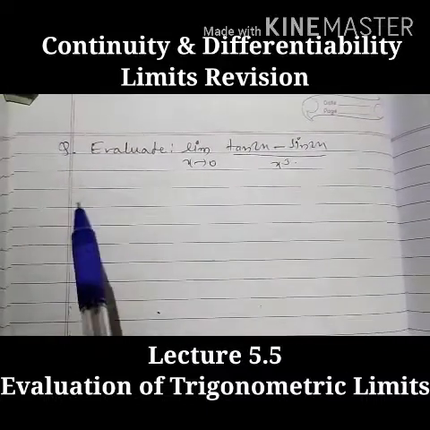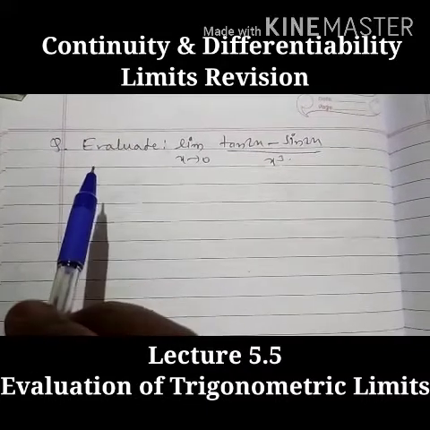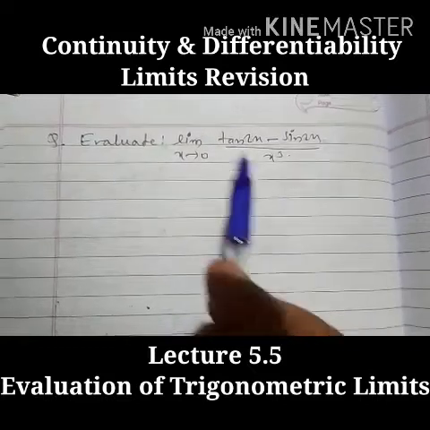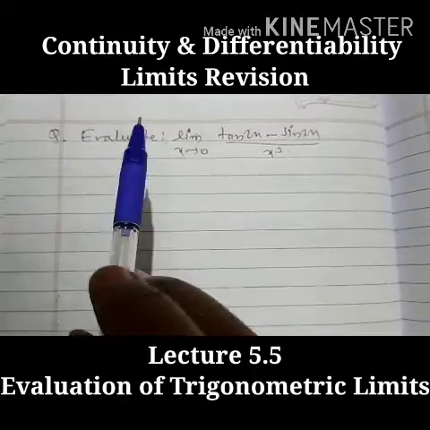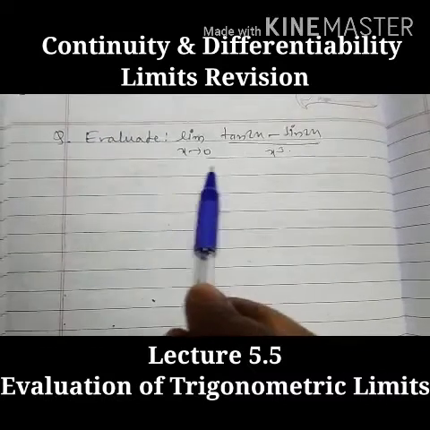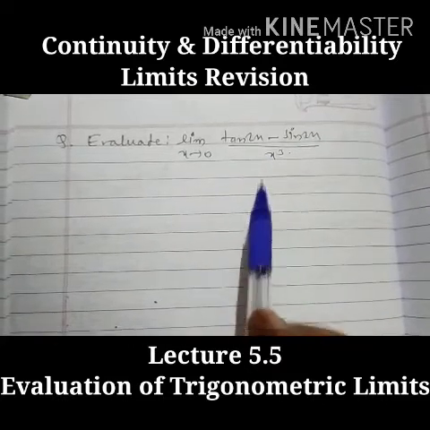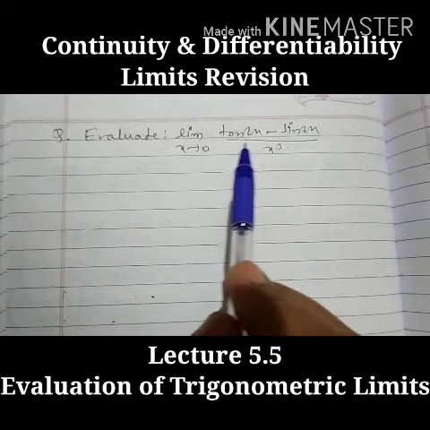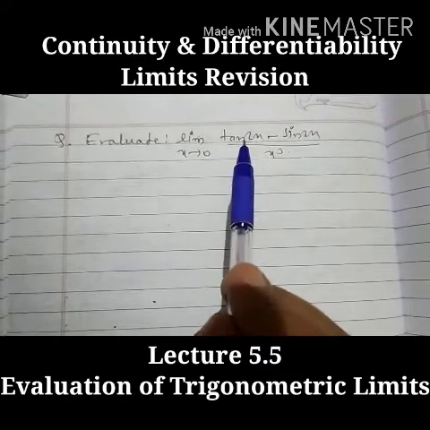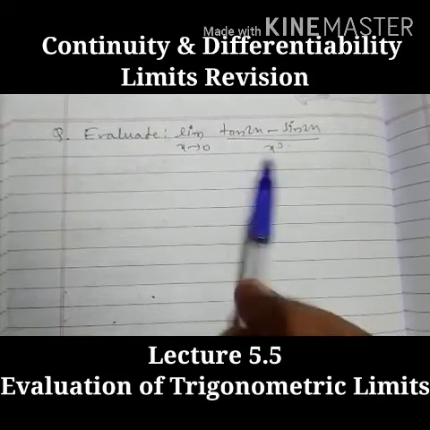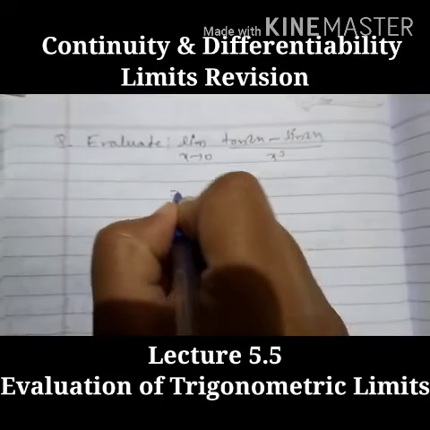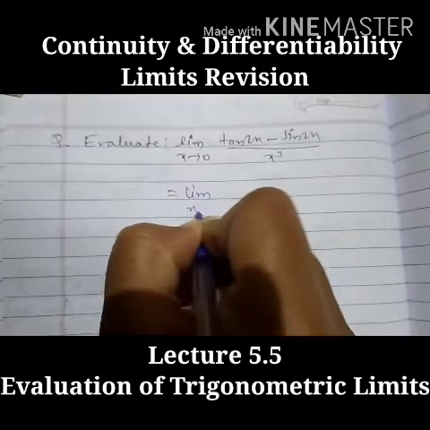Now after the examples of cos function, we'll now see the mixed examples of sine and tan function. So evaluate limit as x tends to 0, tan 2x minus sine 2x upon x cube. Clearly students, here in the numerator sine 2x is common, so can we take this out?